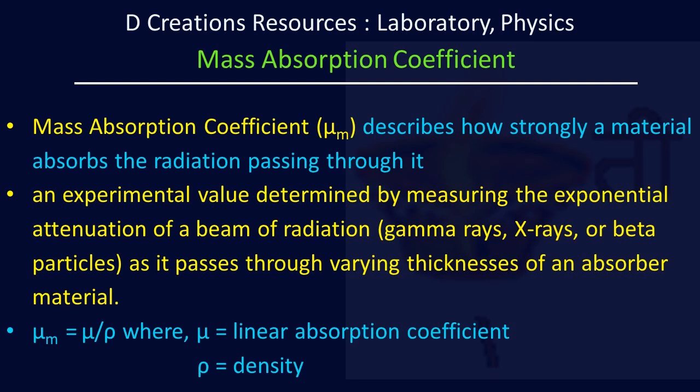So this is the advantage, that if you know the mass absorption coefficient of a material, then it is more of a fundamental property, because it answers the question that suppose you consider two materials, lead and wood, and in case of linear absorption coefficient, you would say that suppose there are two blocks 1 centimeter thick each, and one is for lead, one is for wood, and lead is much denser than the wood.